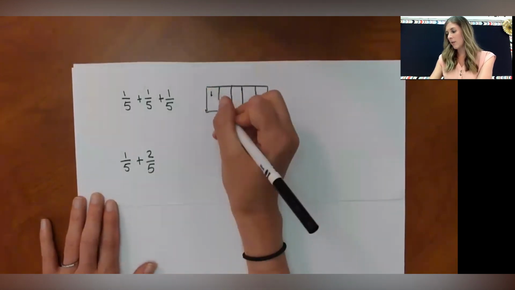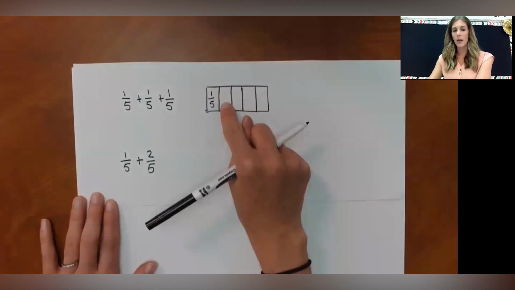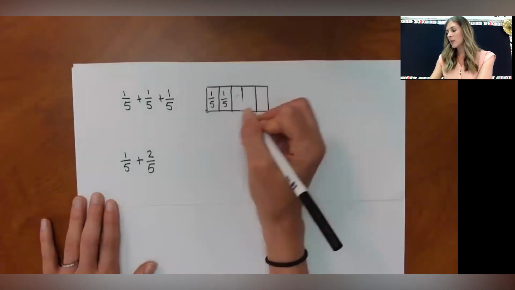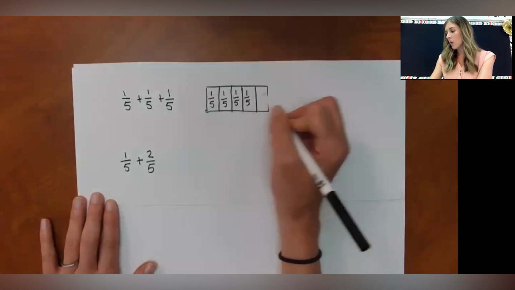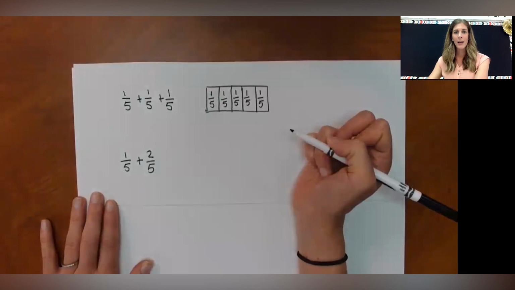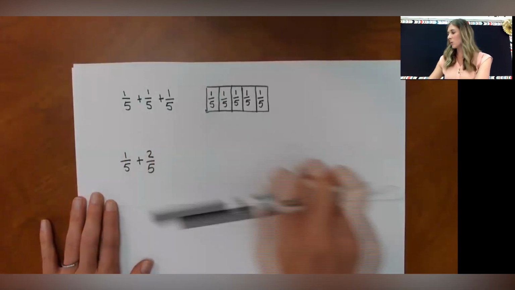Correct, 1/5. What fraction would name this one piece? Correct, 1/5. So each one of these sections or parts represent 1/5 of the whole, that idea of the unit fraction. And let's do some shading to model this expression, 1/5 plus 1/5 plus 1/5.